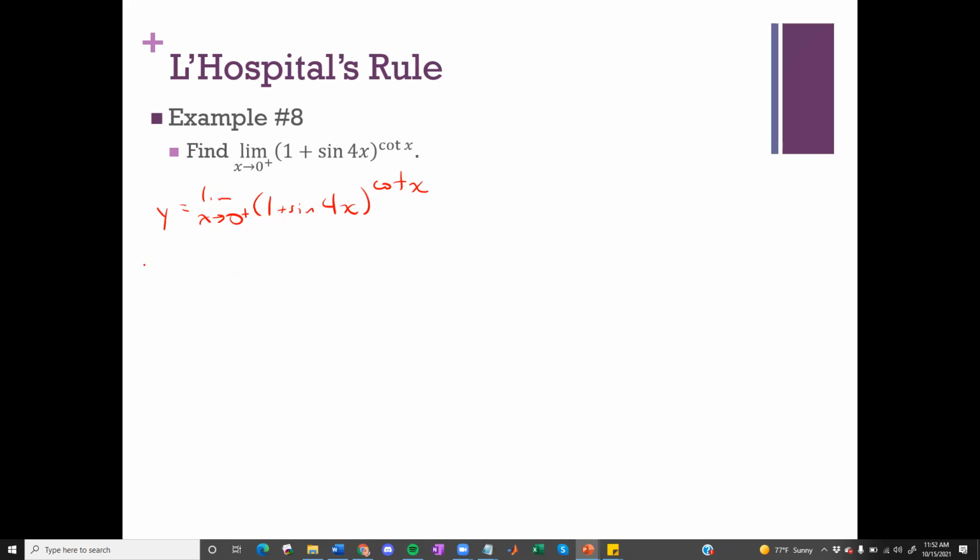I'm going to take a natural log of both sides, so I get the natural log of y equals the natural log of this limit here, the limit as x approaches 0 from the right. Doing that allows us to bring down that power.